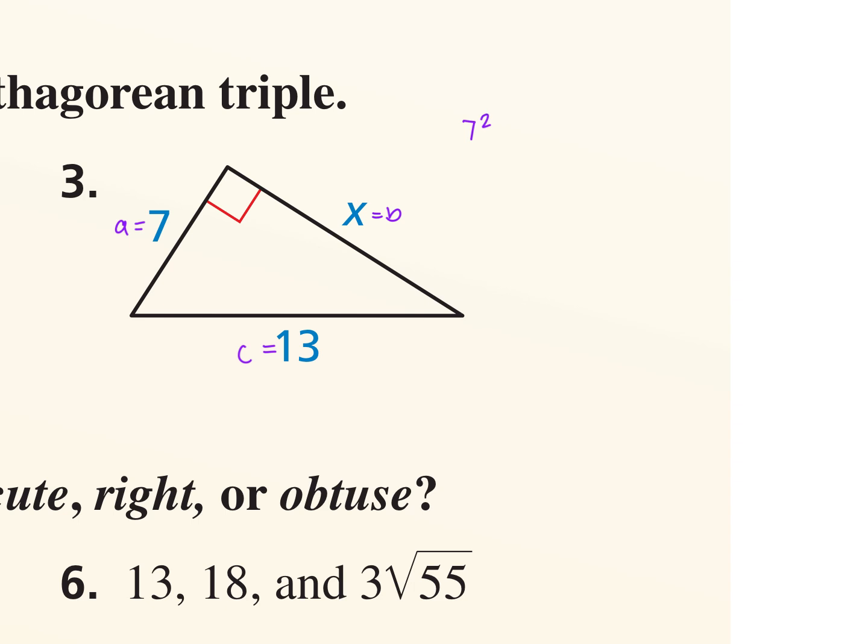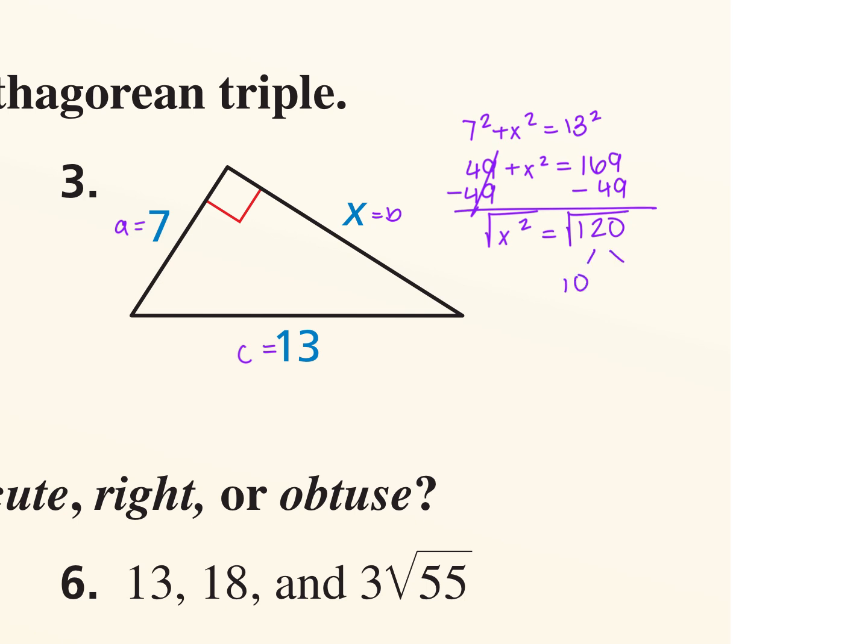I'm going to have 7 squared plus x squared equals 13 squared. Now I'm solving for x. 49 plus x squared equals 169. Subtract 49 from both sides. And then I'm going to get x squared equals 120. And solve for x by square rooting.